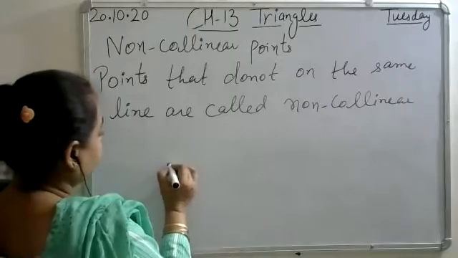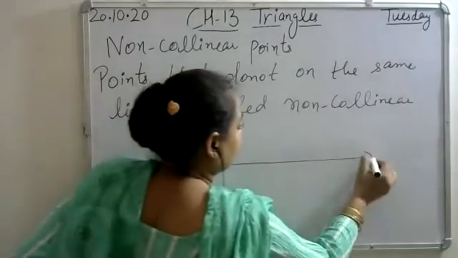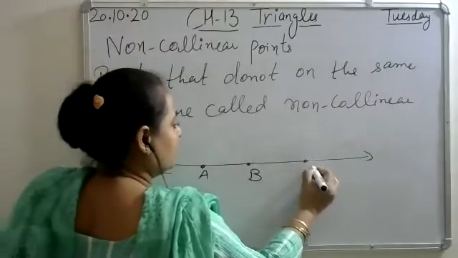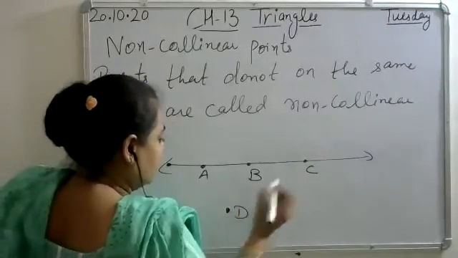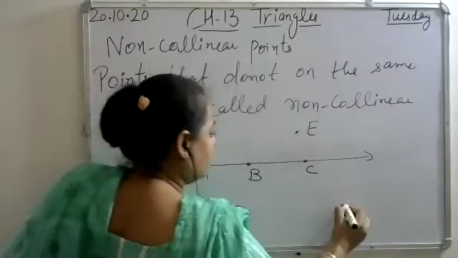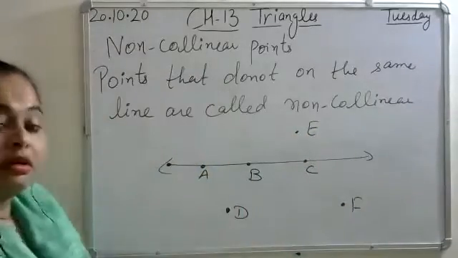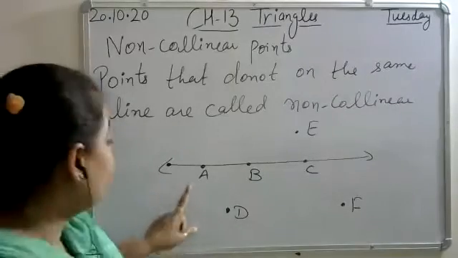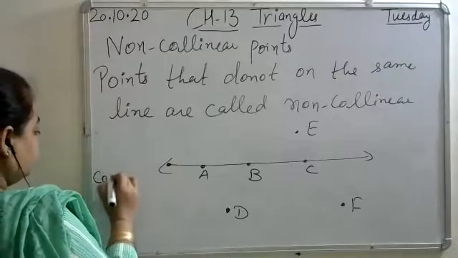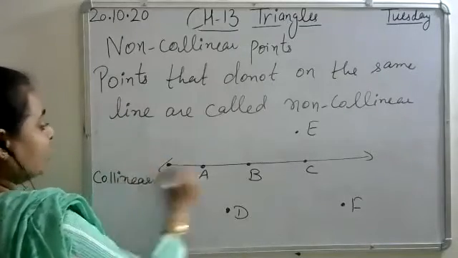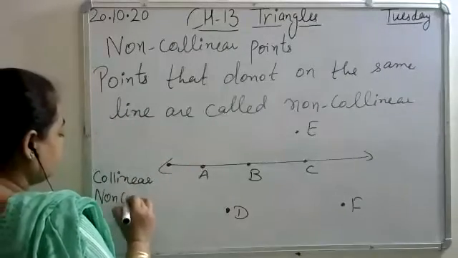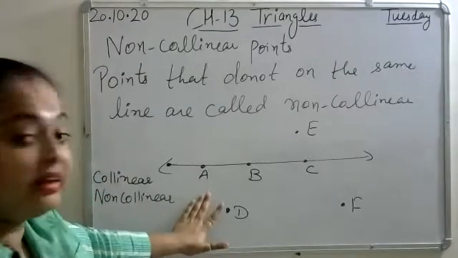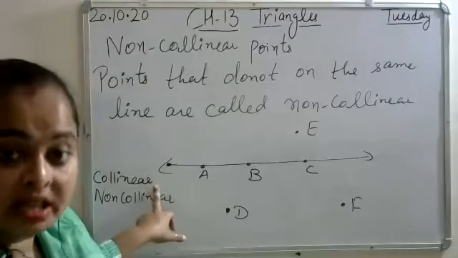Now, A, B, C, D, E. Check this figure very carefully and tell me which points are collinear and which points are non-collinear. Write them in the chat box. Tell me from this diagram which points are collinear.